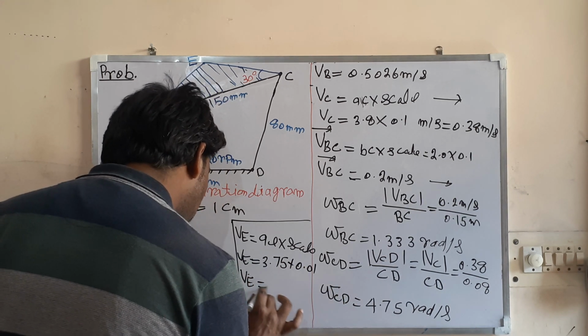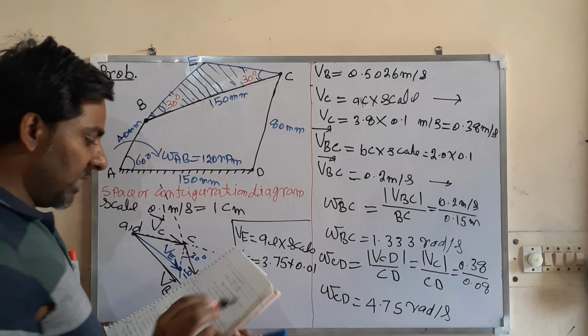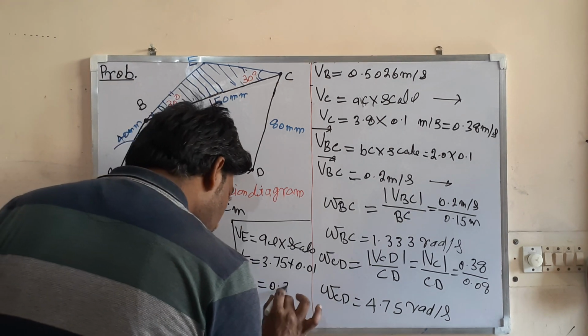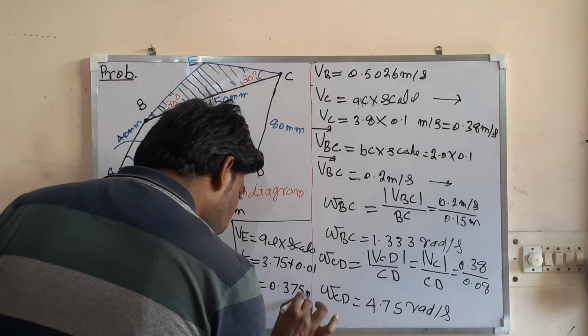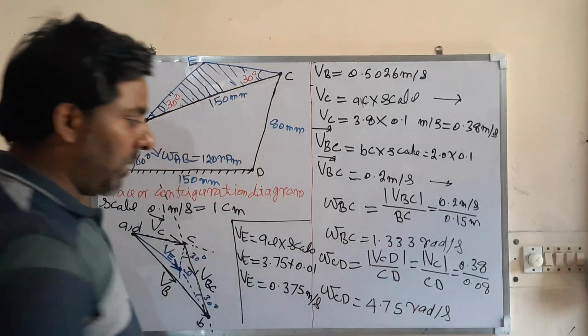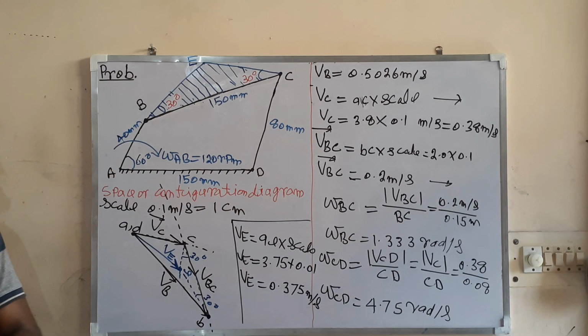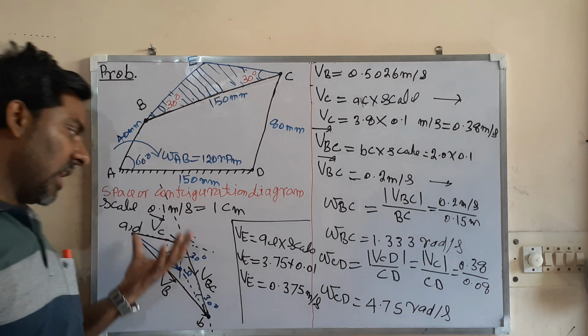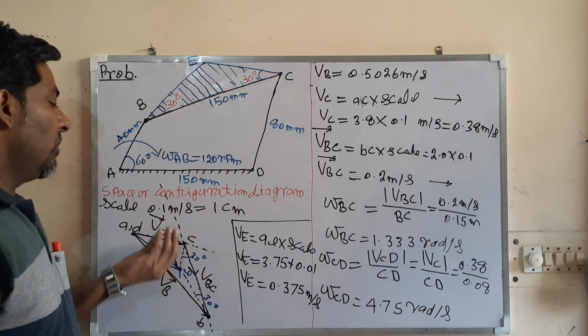So the velocity of point E is 0.375 meter per second.